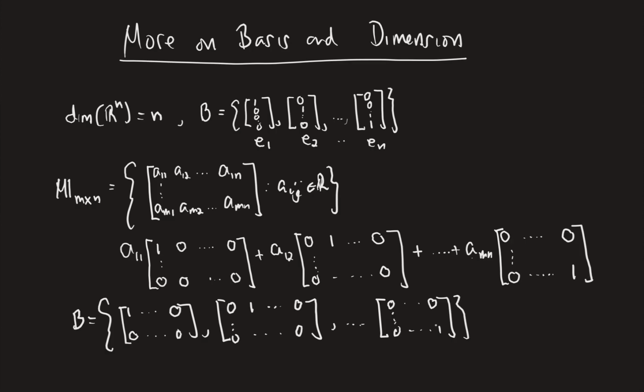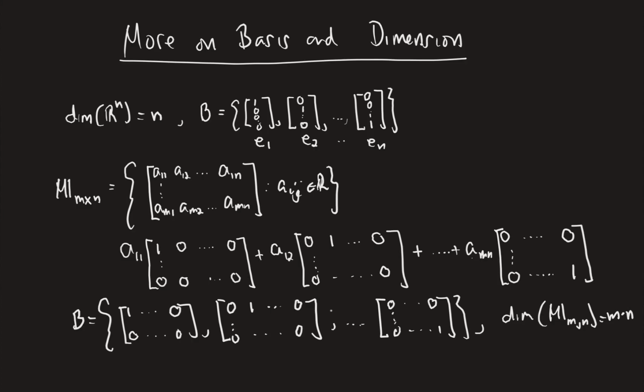So how many are there? Well, we need one basis matrix for every entry that's in our general matrix. So how many are there? Well, it's m times n. So that means the dimension of our matrix space is simply m times n, right?